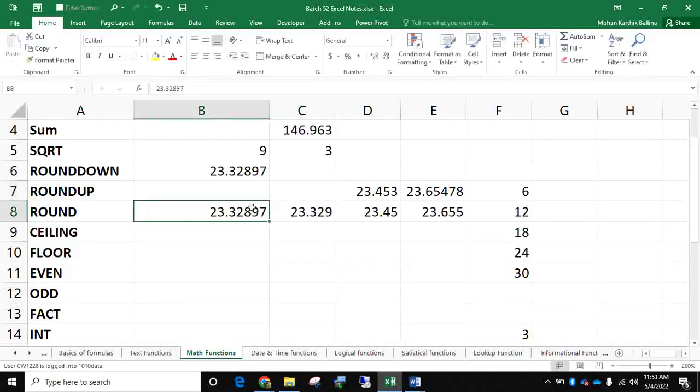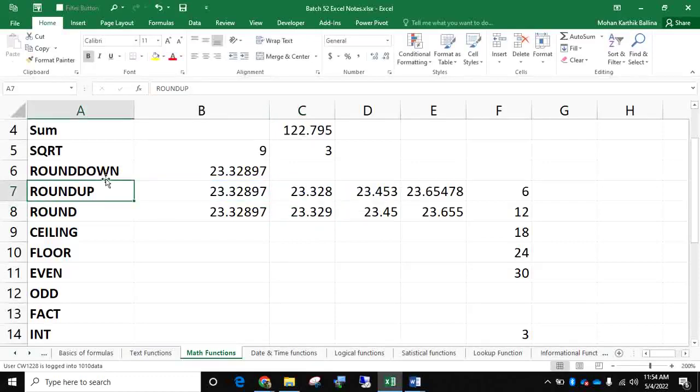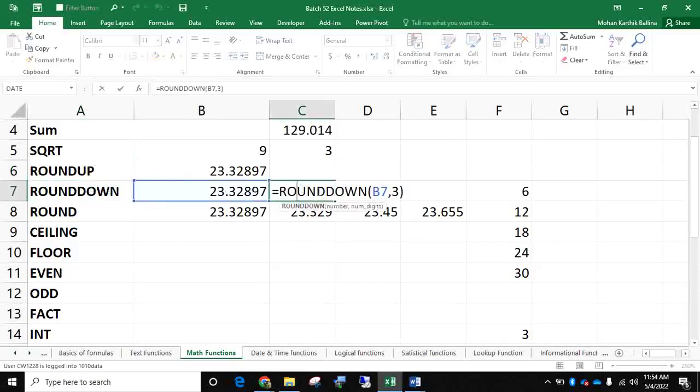Now see the example of ROUNDDOWN. After the decimal I want to see 3 digits. Can anyone guess the answer? 23.329. Okay, so now your answer would be 23.328, because you're saying ROUNDDOWN.